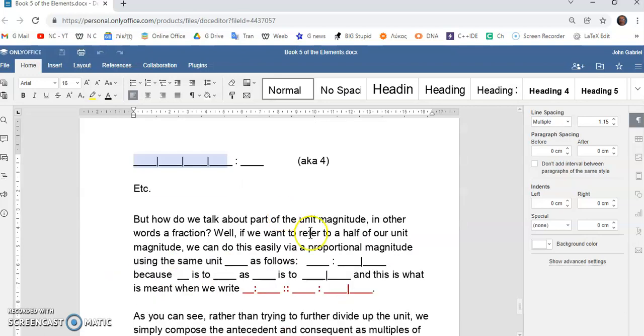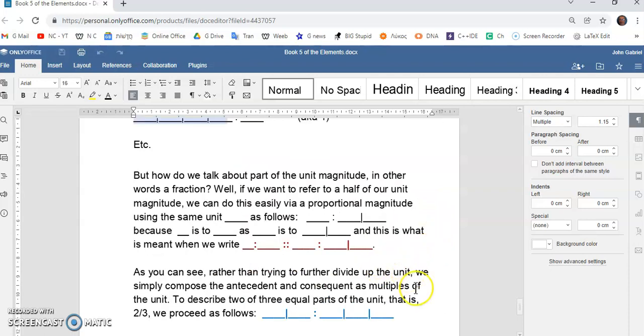Okay, but how do we talk about part of the unit magnitude? So in other words, a fraction. Well, if we want to refer to half of our unit magnitude, we can do this easily via proportional magnitude using the same unit as follows. Okay, so we can use this unit like that, which means that this would represent what we think of as a half in algebra, right?